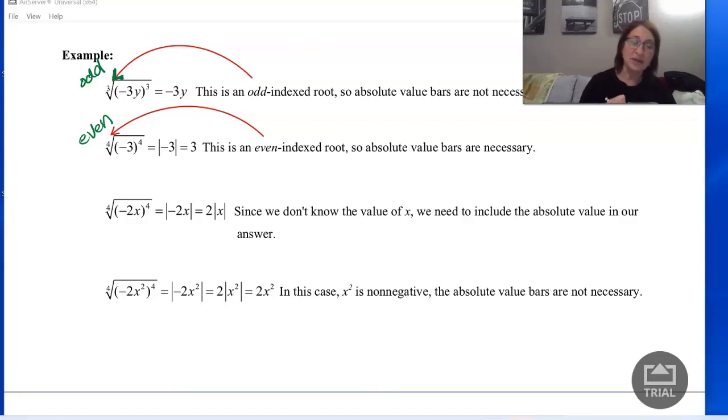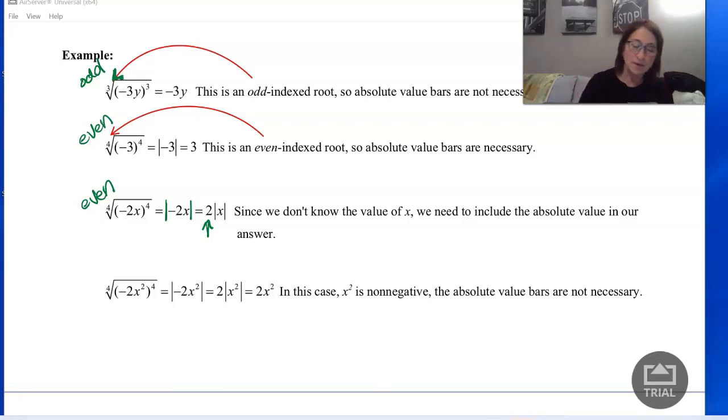All right, so again, we have an even index. So we put absolute value signs around that base, and the absolute value of -2 is 2. And then we're not sure of the value of x, and so we keep the absolute value signs around it.